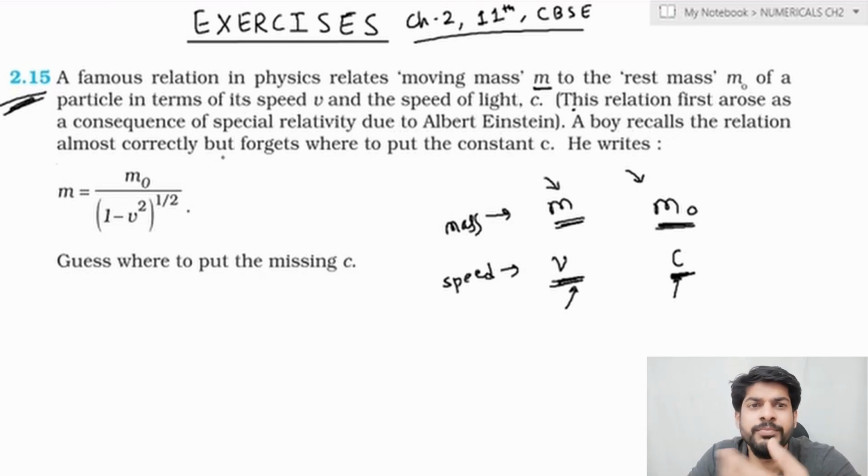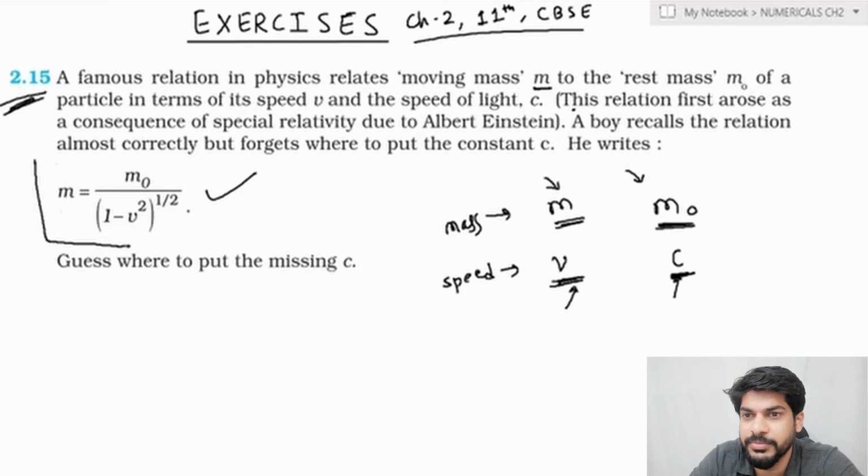That means there is some boy in a class, and his teacher asks him to tell that relation. The boy recalls that equation almost correctly, but could not recall it perfectly. So he writes something like this, and he says this is the equation.